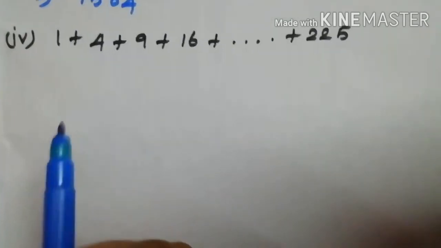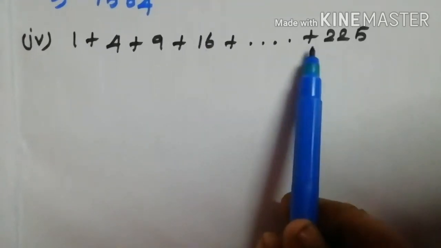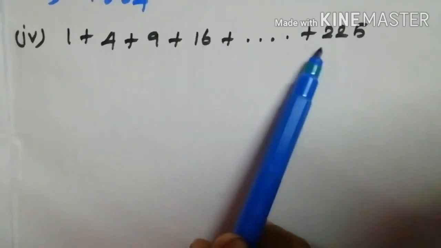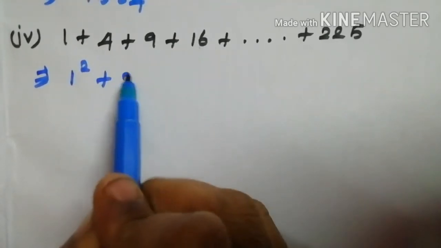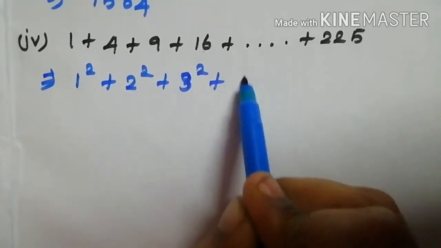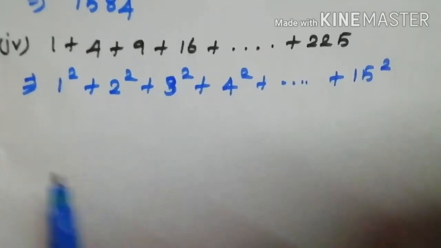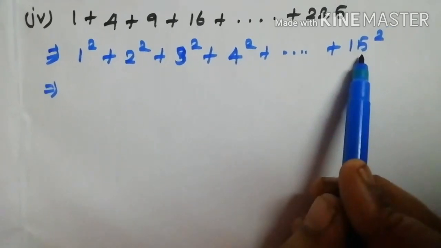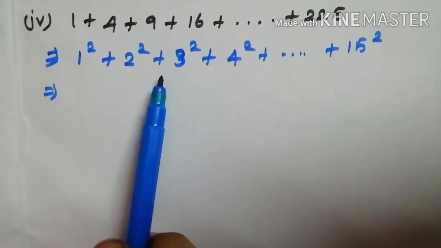Next sum: 1 plus 4 plus 9 plus 16 plus etc. plus 225. Listen, these are all square numbers, that is 1 is nothing but 1 square, 4 is 2 square, 9 we write as 3 square, 16 as 4 square plus etc., 225 as 15 square. Now see that 1 square plus 2 square plus 3 square plus 4 square plus etc. plus up to 15 square is the formula for the sum of the first n square natural numbers.